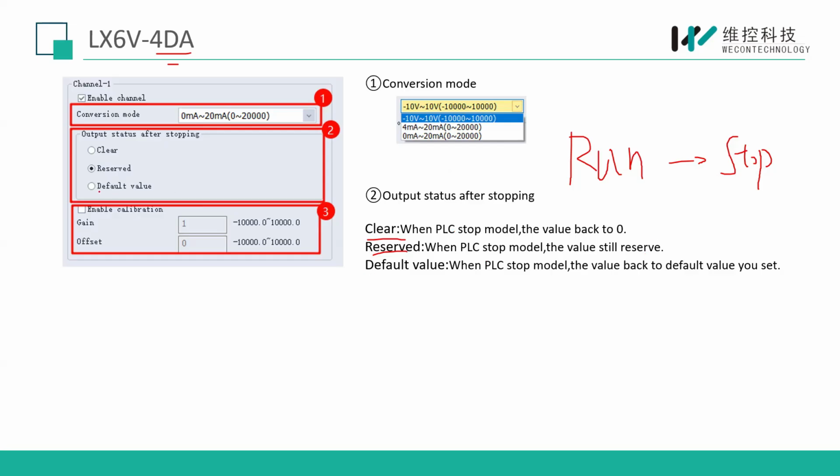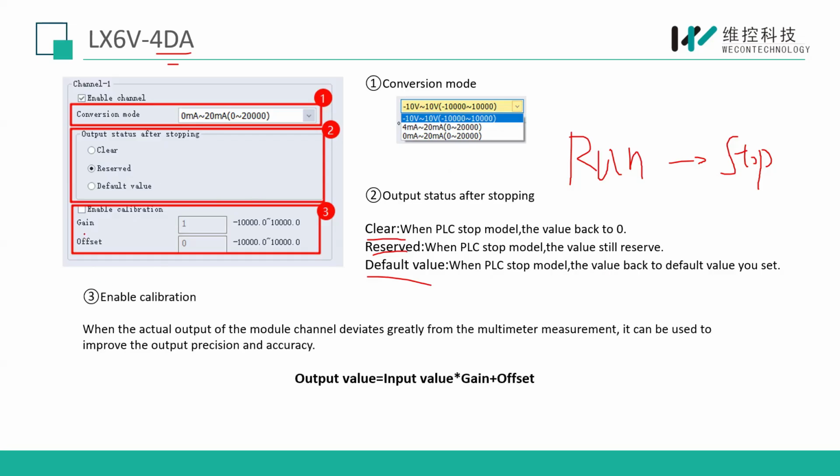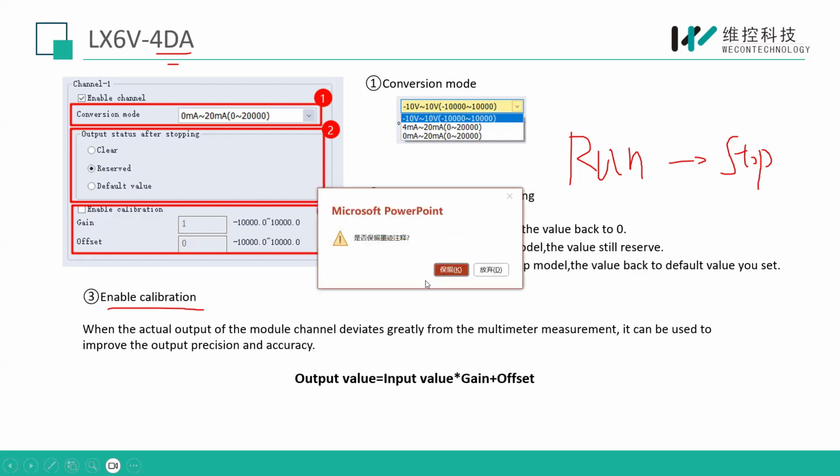And the third one is about the default value. When the PLC becomes stop mode, the value will go back to the value you set in.